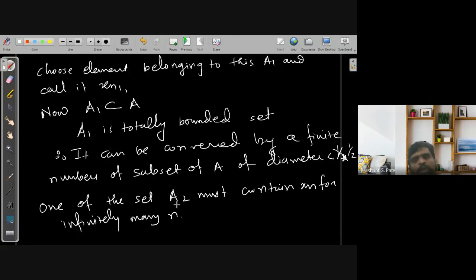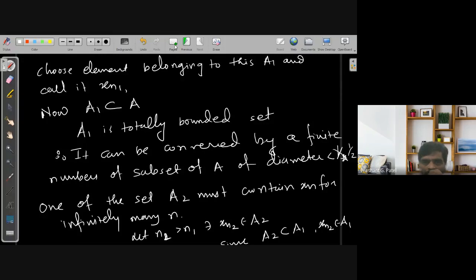So this A_2 contains infinitely many points of x_n. Let n_2 be greater than n_1 such that x_{n_2} belongs to A_2. And since A_2 is a subset of A_1, this x_{n_2} also belongs to A_1.